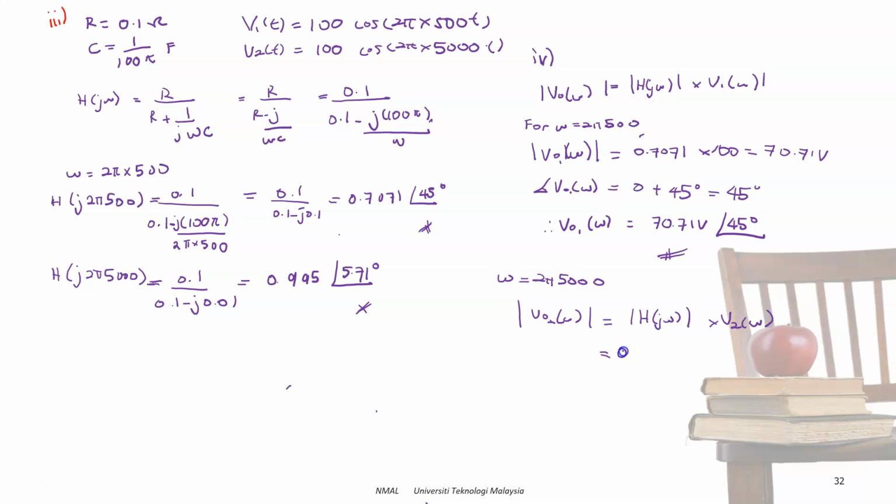So let's say I use 0.995 multiplied by 100, so here we'll get 99.5. And for the phase, it maintains the 5.71 degrees because it doesn't have any input phase here. Hence we got VO2(omega) equal to 99.5 volt and 5.71 degrees.